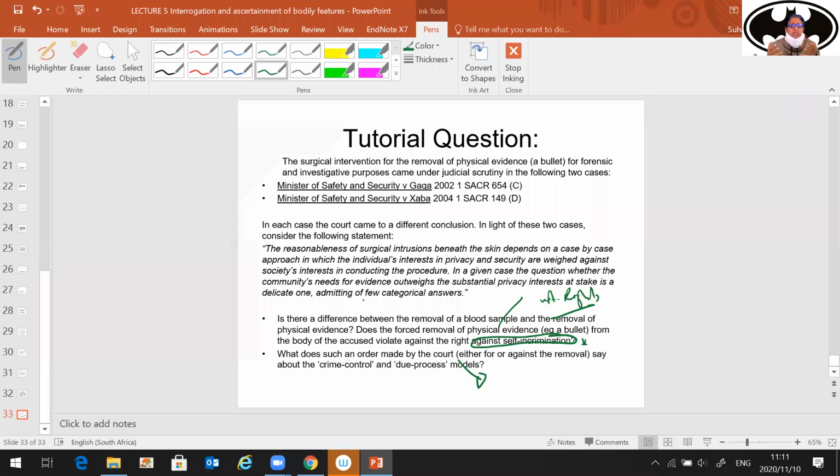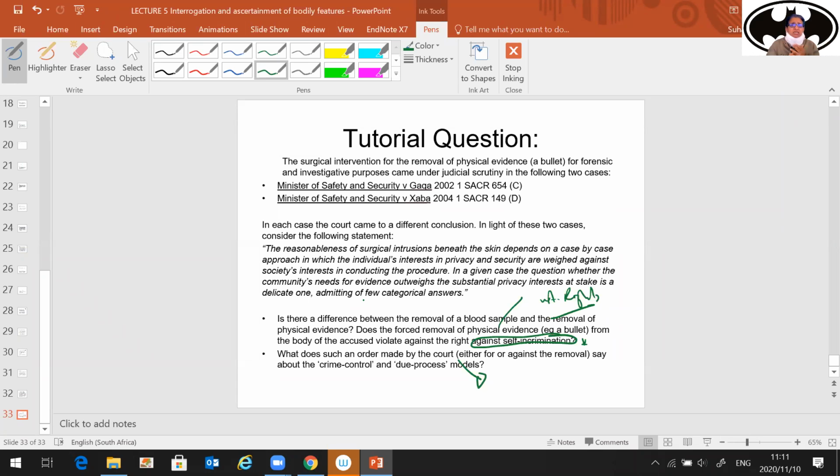The need for justice. You also want to avoid a scenario where criminals, let's call them criminals in these cases, can rely on these constitutional rights and not have this evidence now lodged in them retrieved and used against them. So it's a delicate balancing exercise.